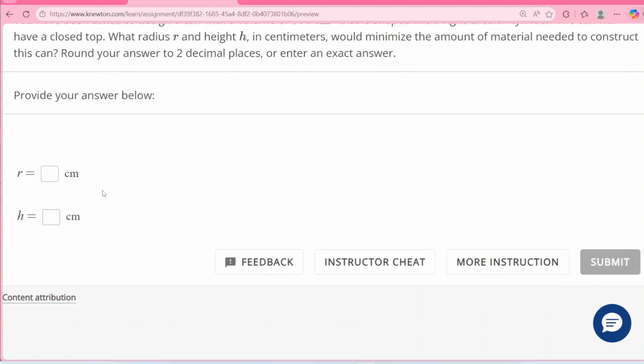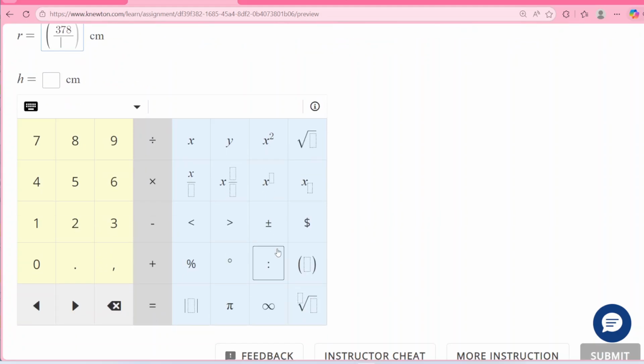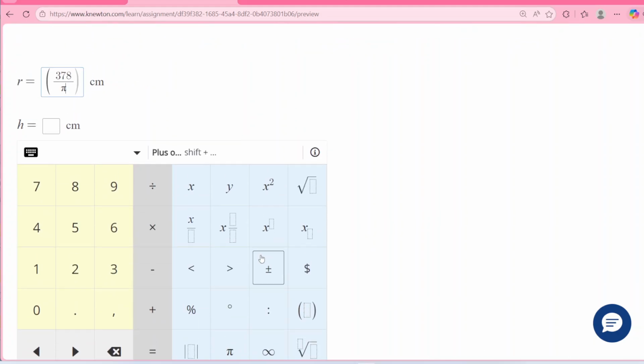So back on the homework assignment, the radius of the circle at the base that would give the smallest surface area would be 378 divided by pi, and then the cube root of that, so to the 1/3 power.